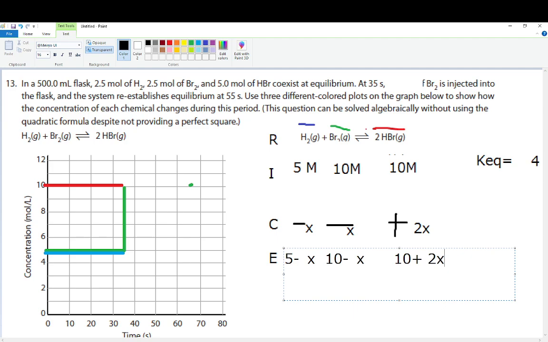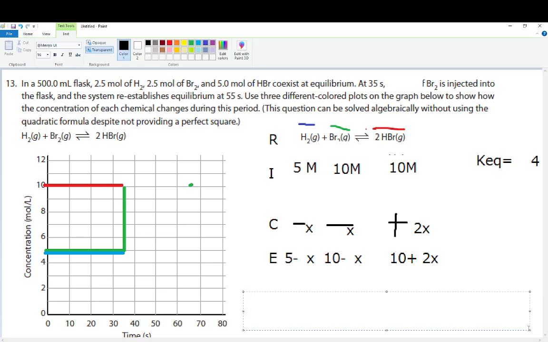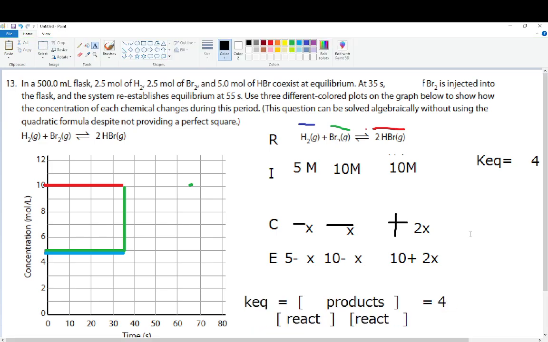But fortunately, we've already figured out the Keq. And we know that Keq is equal to the products' concentrations divided by the 2 reactants. And we also happen to know that that's going to be equal to 4, because they told us in the beginning.